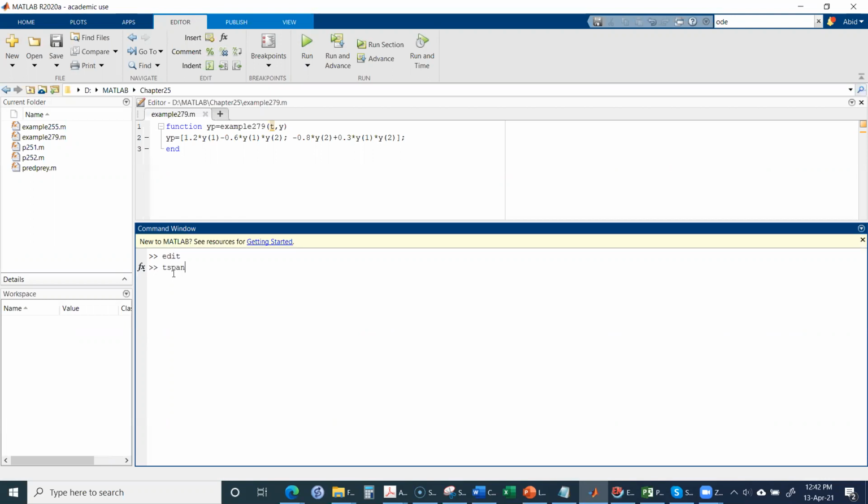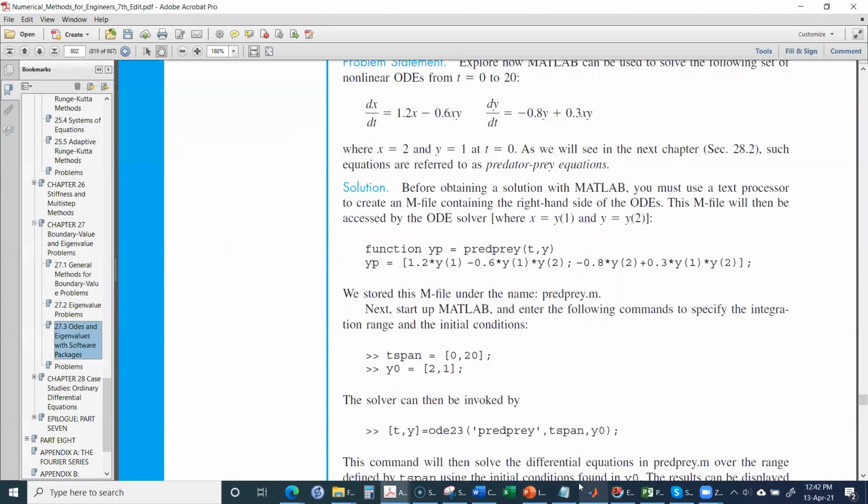And the initial values, that is y0, are 2 and 1, because for t equal to 0, x was 2, y was 1. Okay, so these are the initial values.